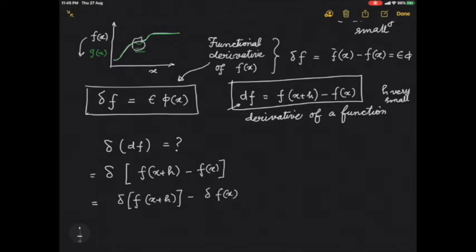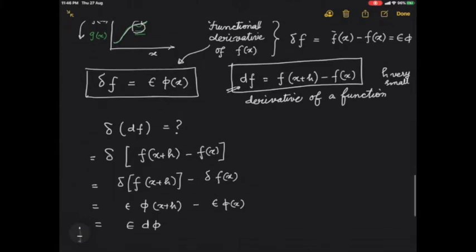So I get delta of f(x+h) minus delta of f(x). Okay. So what is delta of f(x+h)? Well, delta of f is epsilon times phi(x). So this should be epsilon times phi(x+h). And delta of f(x) is just epsilon times phi(x). So what you get at the end of the day is epsilon times phi(x+h) minus phi(x), which is nothing but d phi. Right?